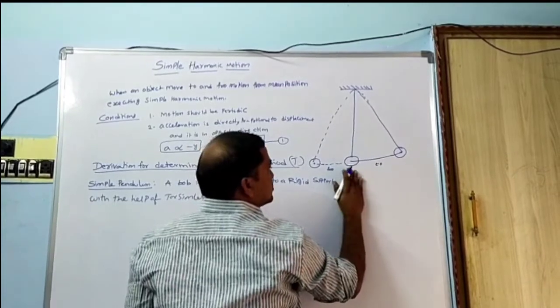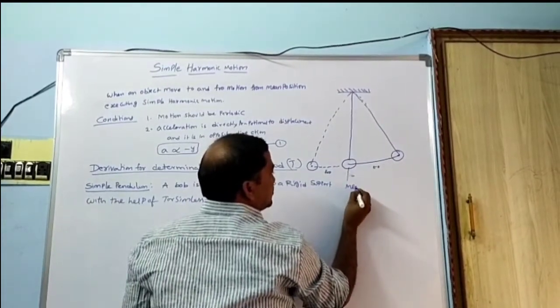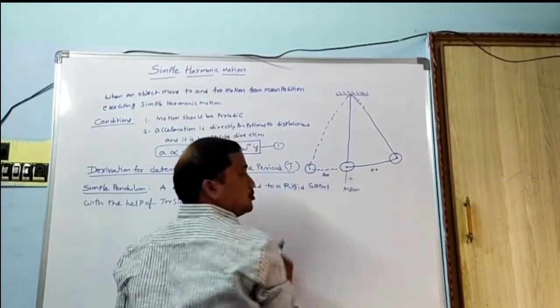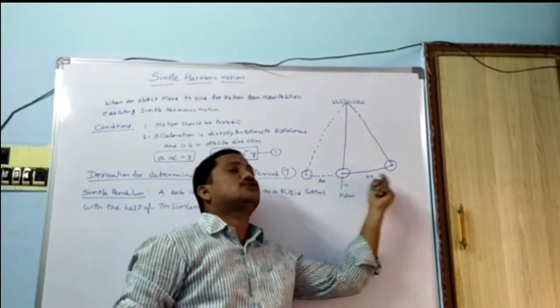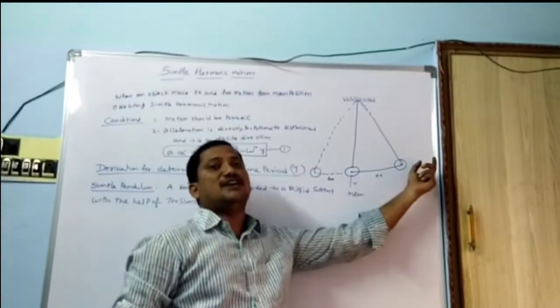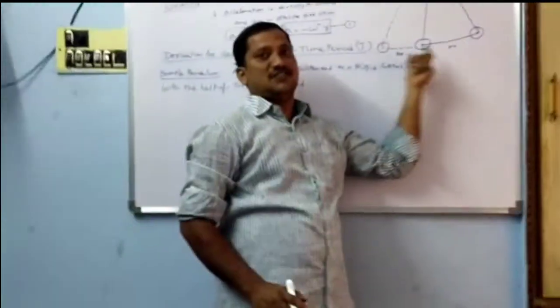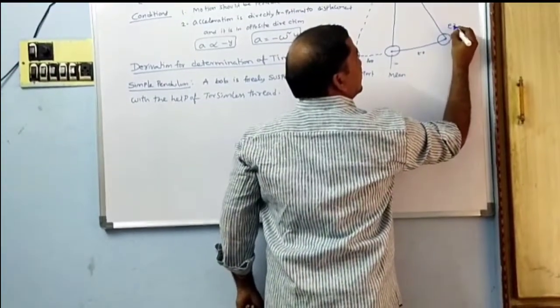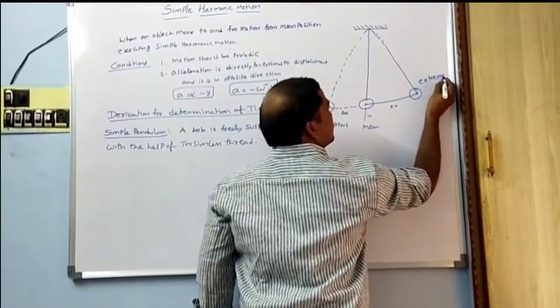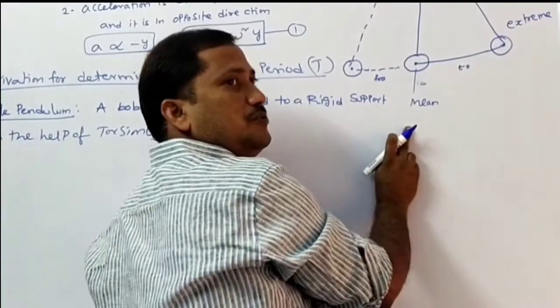This we can call the mean position, the central position. From this mean position the bob will move to and fro, that means periodic motion. Then this is the extreme position, and this is the mean position.